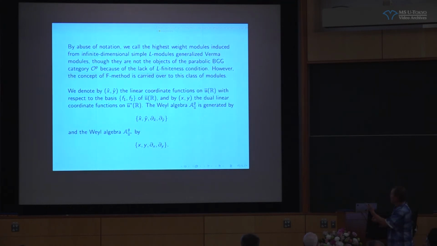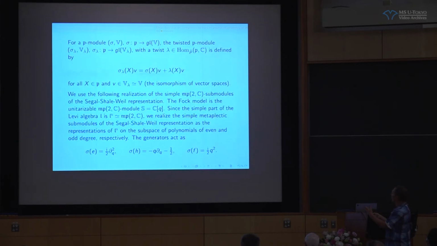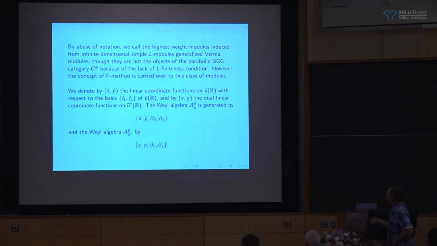So again, as it was before, the corresponding parabolic subalgebra is one-graded, which means that the nilradical is commutative and it is of real dimension 2.